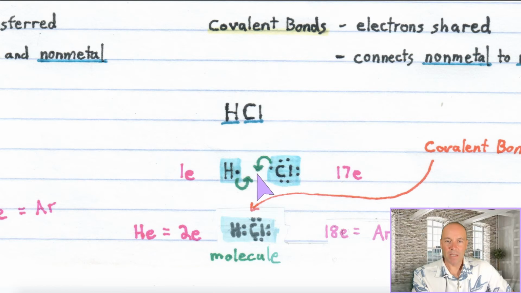Now what happens this time is the electrons are not transferred from one to the other, but they're rather shared. Hydrogen says, hey, chlorine, would you like to share my electron? And chlorine says the same thing. Yeah, I'll let you share my electron too. And what happens is these two electrons, one from each atom, they get positioned between the two atoms. There they are.